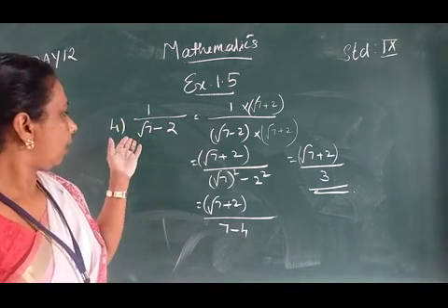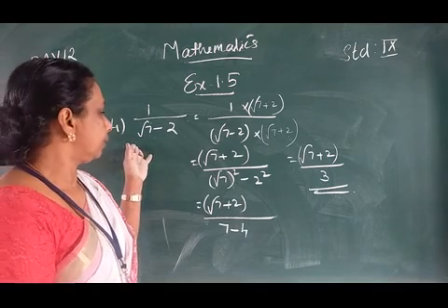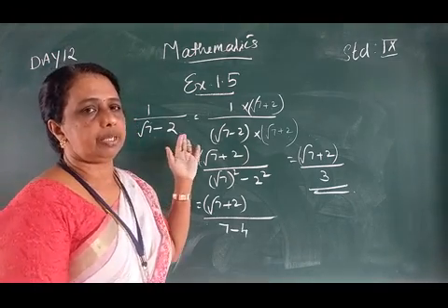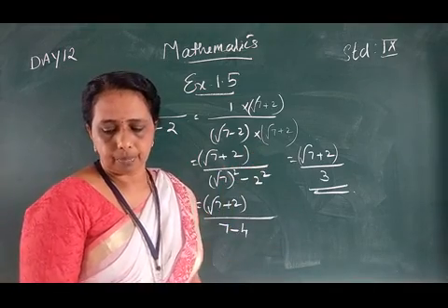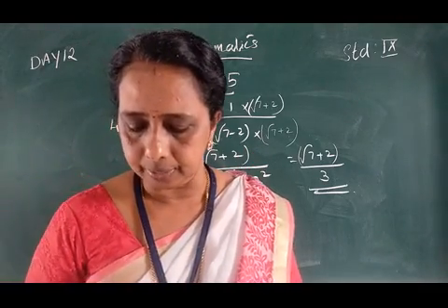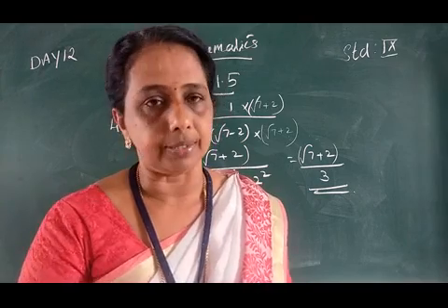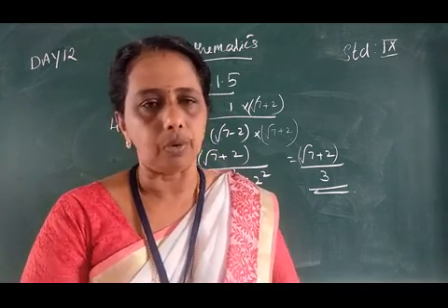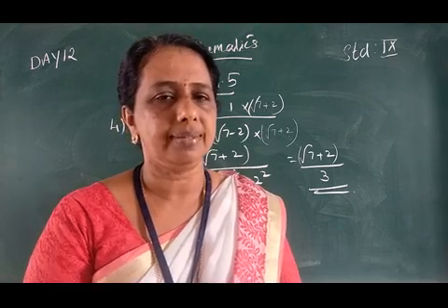This way we can rationalize the denominator, that means convert the denominator into a rational number. That exercise is finished. Next class we will study the laws of exponents that you already studied. We will recall those formulas and solve the problems. Okay. Thank you all.